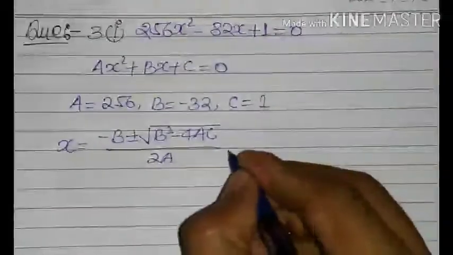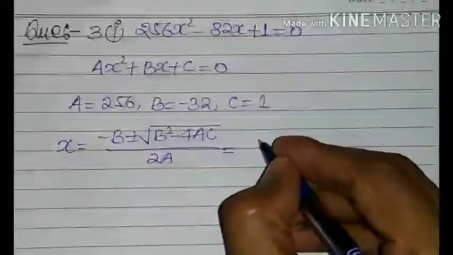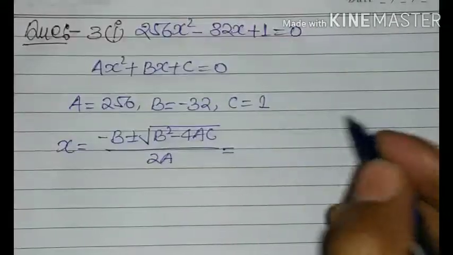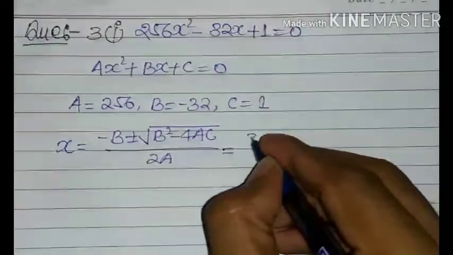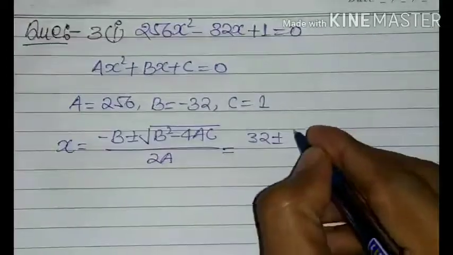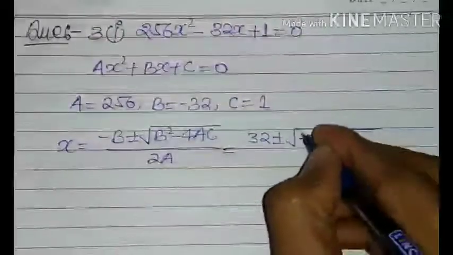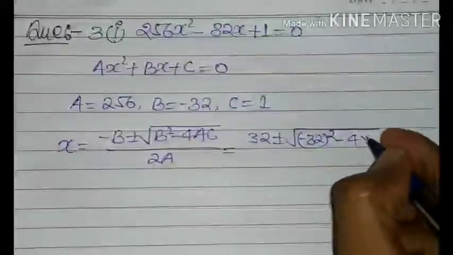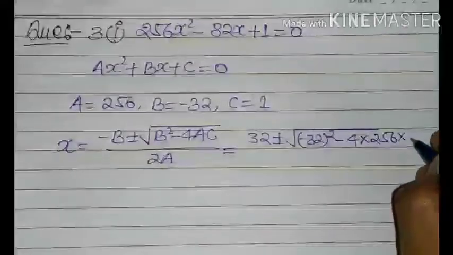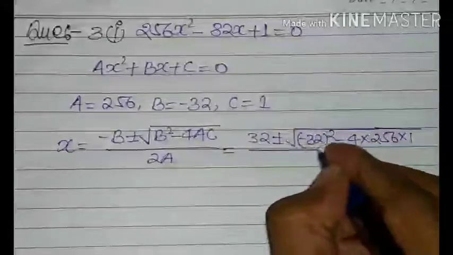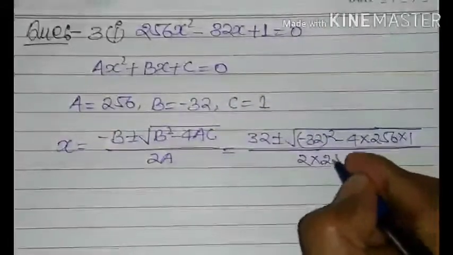Okay, and this is equals to, the value of b is 256, no sorry, the value of b is minus 32, then minus and minus will be plus, then it will be 32 plus minus root over minus 32 square minus 4 into the value of a is 256 into the value of c is 1 divided by 2 into the value of a is 256.